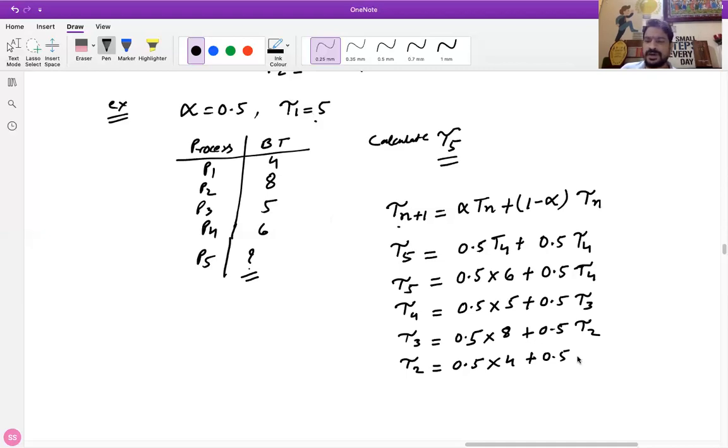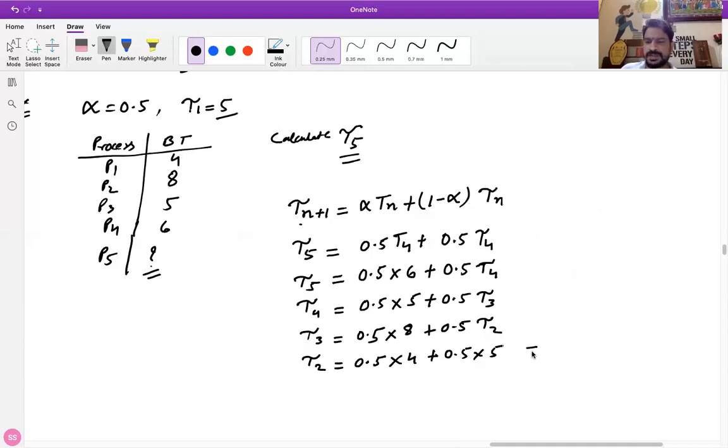It is already given as 5, so we put in 5. Now if we calculate the value of tau 2, you will find it is 2 plus 2.5, right? So 2 plus 2.5 will be 4.5. Now this 4.5 will be put here. It will be 4.5 into 0.5 plus 8 into 0.5. So it will be 4 plus something like 2.